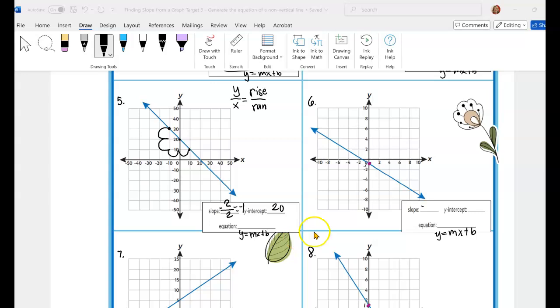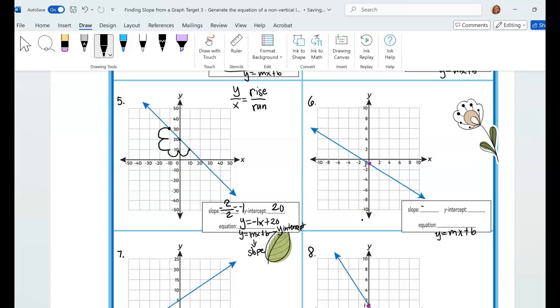Here's the formula. So y equals, what's the slope? -1. Then we have x plus, and then what is the y-intercept? It's 20. Okay, so that's our answer.